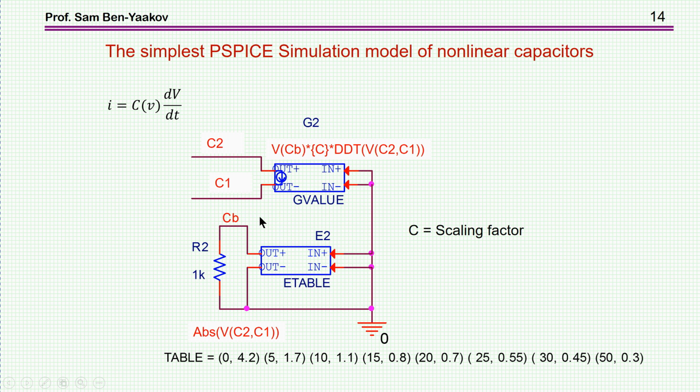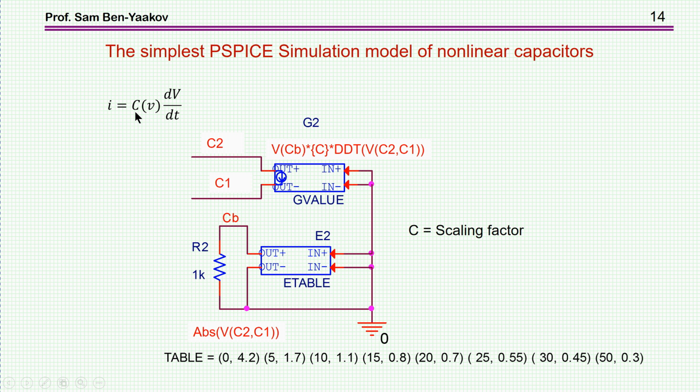Now we have this G value. This is the analog behavioral model, a current source, depending on this expression. This is a PSpice syntax that actually represents this equation. This is the state space equation of a capacitor.